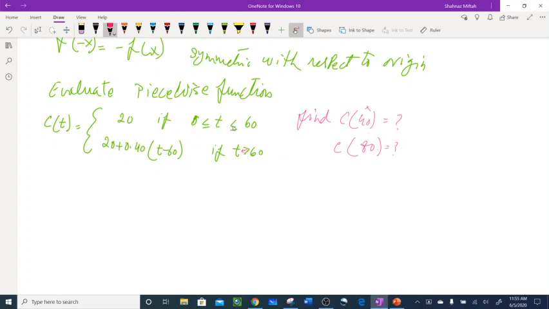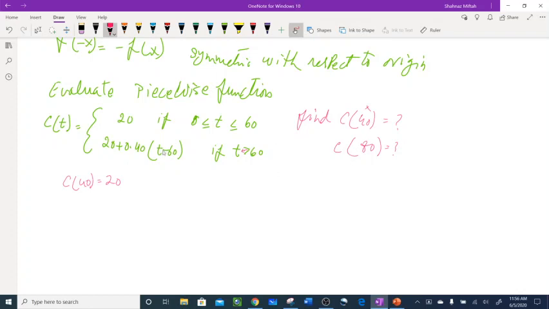But this one says t less than or equal to 60. We have a 40, so it's greater than 0 but less than 60. So I'm going to use this 20. I can say C(40) is equal to 20. There is nothing there to plug in, but since t is less than or equal to 60, which means 40 fits in there, then it's 20.